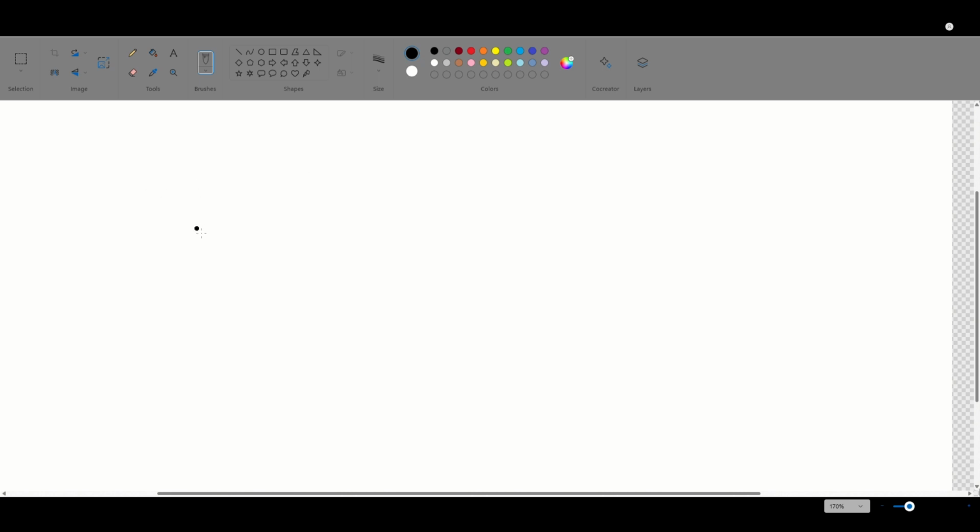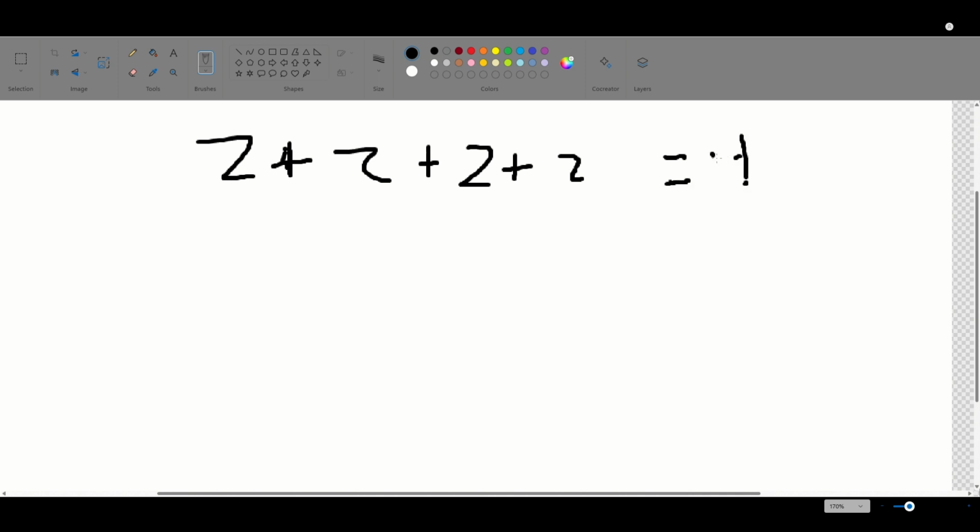Now, with repeated addition, 2 plus 2 plus 2 plus 2 is equal to 4 times 2. So it's 8.